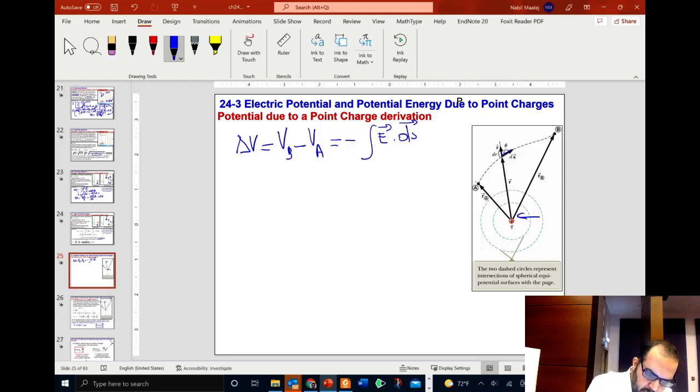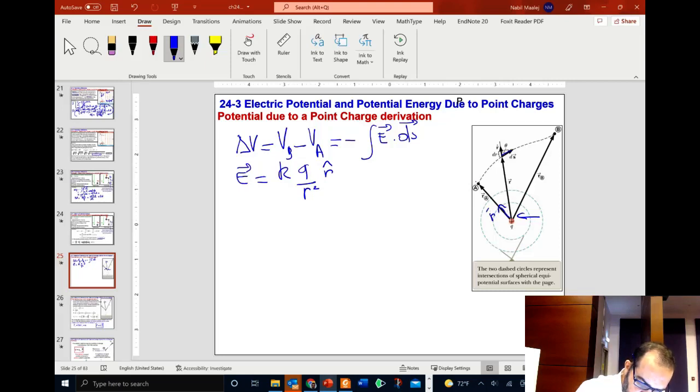First of all, we know E for a point charge is given by Coulomb's law. We said it's equal to kQ divided by r squared times the unit vector r. The unit vector has only a magnitude of 1.